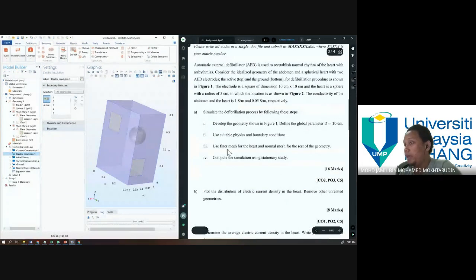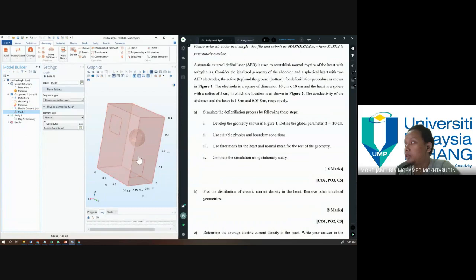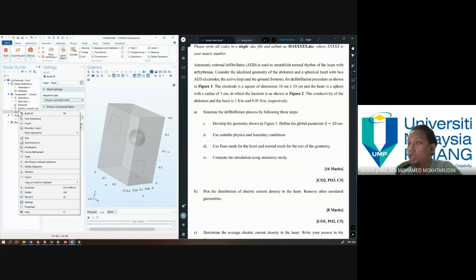Then we can mesh. So by default, it will mesh everything at the same time. So we want the heart to have finer mesh. So right click and choose free tetrahedral. Free tetrahedral is for 3D. Okay, so we have other things like triangular.